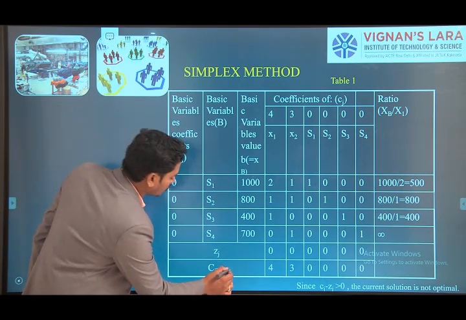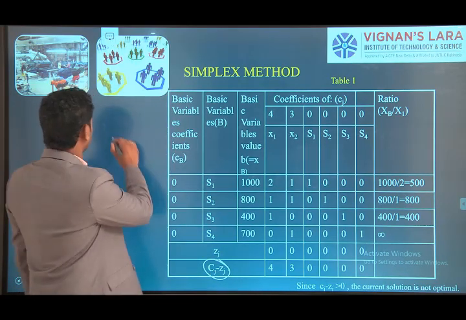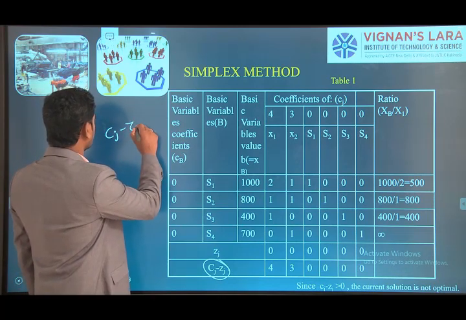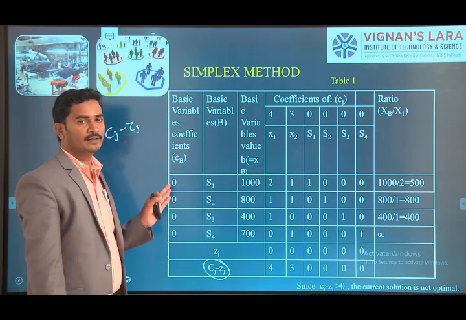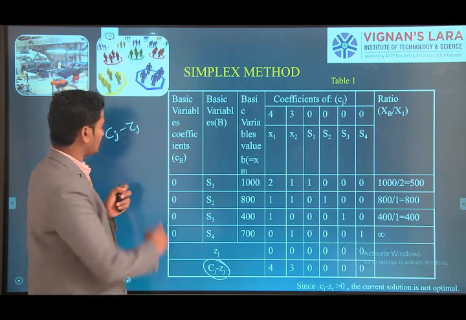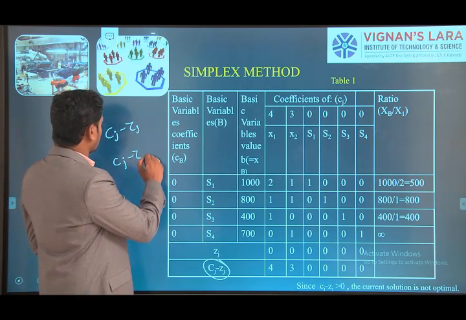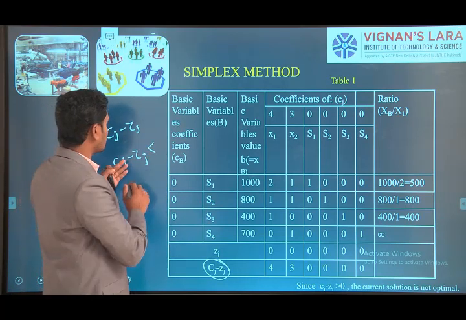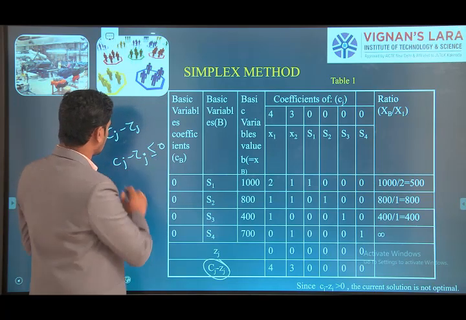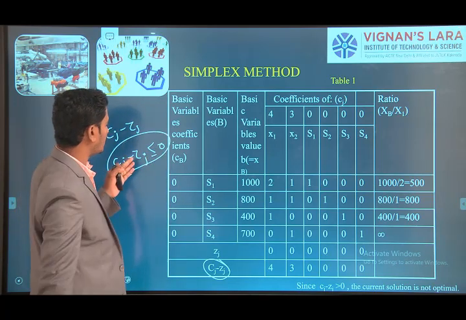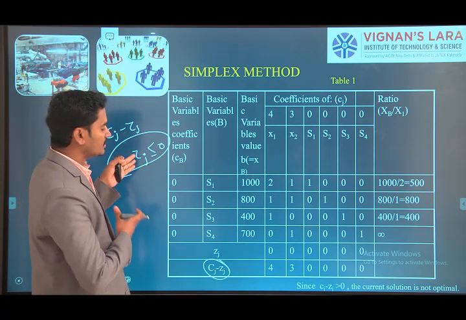Next, we calculate Cj minus Zj. Why are we calculating Cj minus Zj? From this we are going to find the optimal solution. If the Cj minus Zj values are less than or equal to 0, the solution has reached optimality, so we stop the problem.